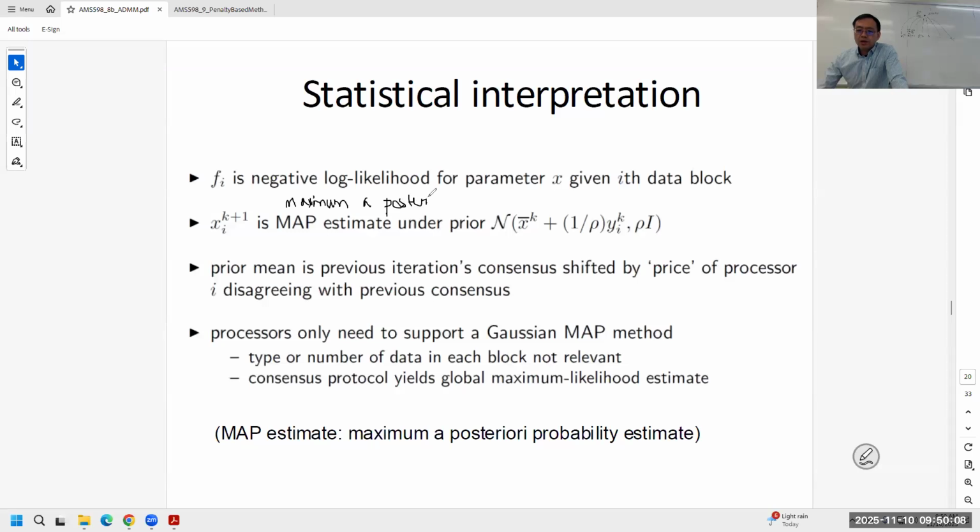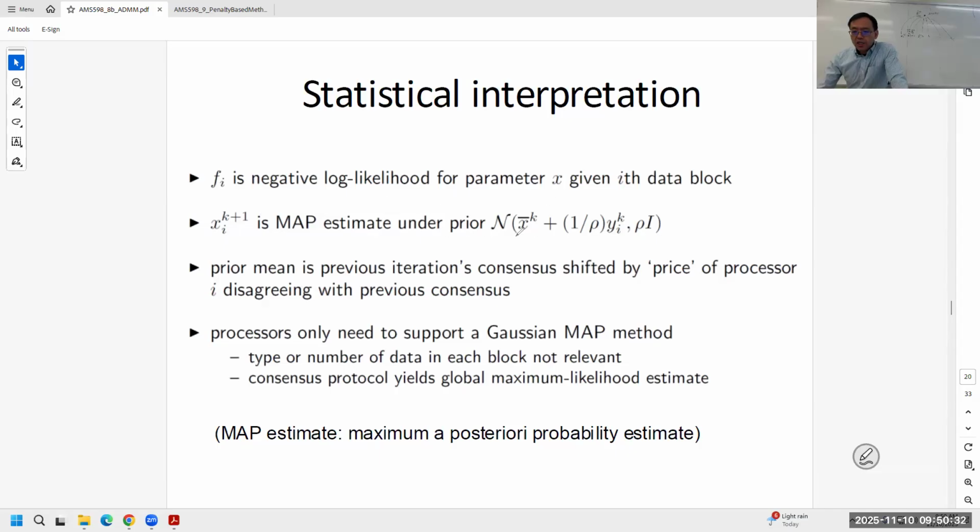That's basically estimation: you want to maximize the posterior distribution, and you get the estimate for xi. If you are not familiar with this, that's fine. Just take this as given, because it's given.